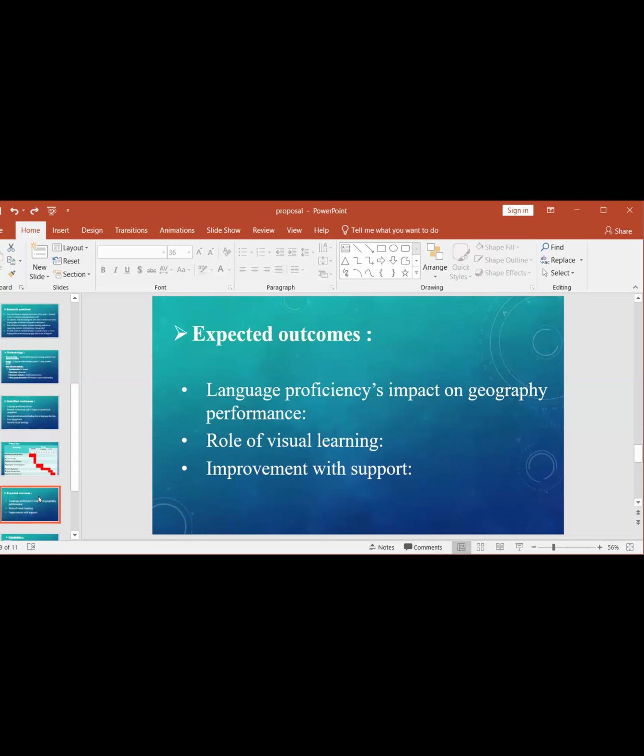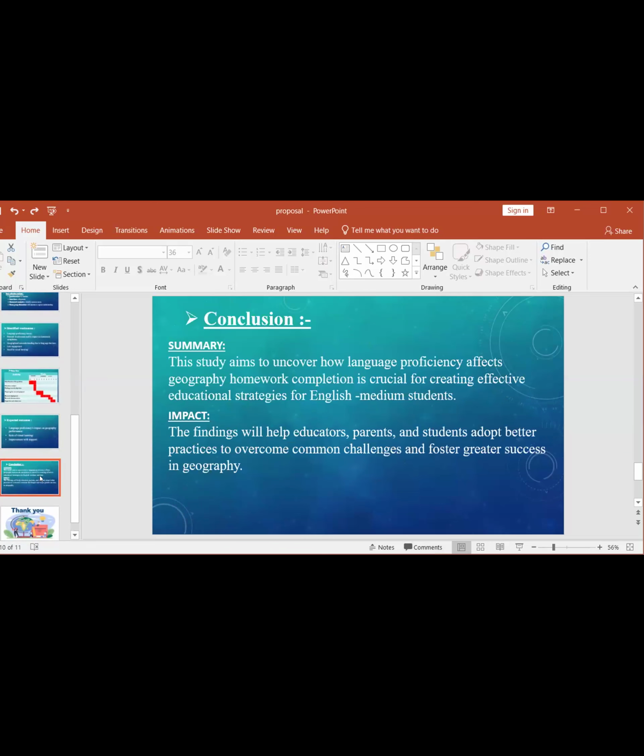And then the expected outcomes: language proficiency's impact on their geography performance, then the role of visual learning and improvement with support. And the conclusion from my research summary: this study aims to uncover how language proficiency affects geography homework completion, which is crucial for creating effective educational strategies for English medium students.